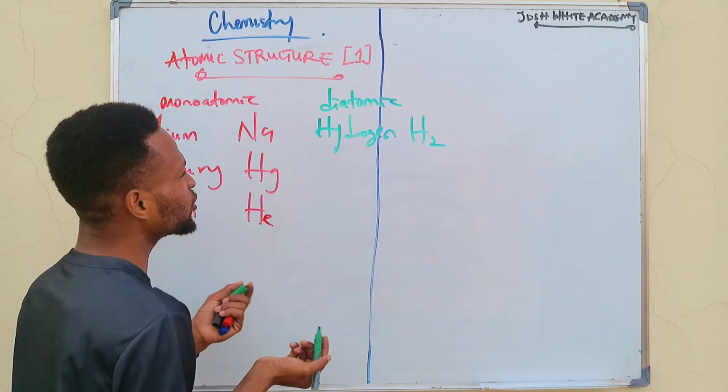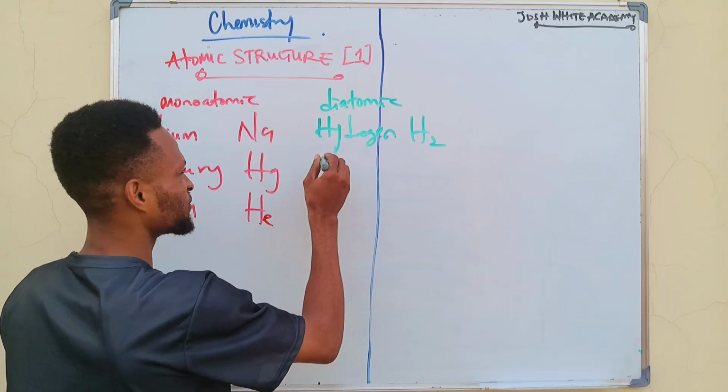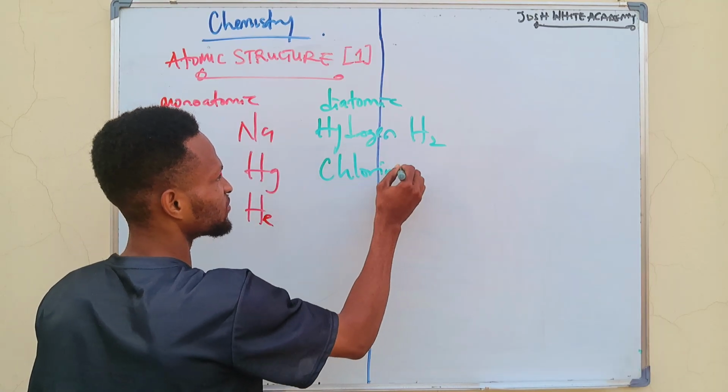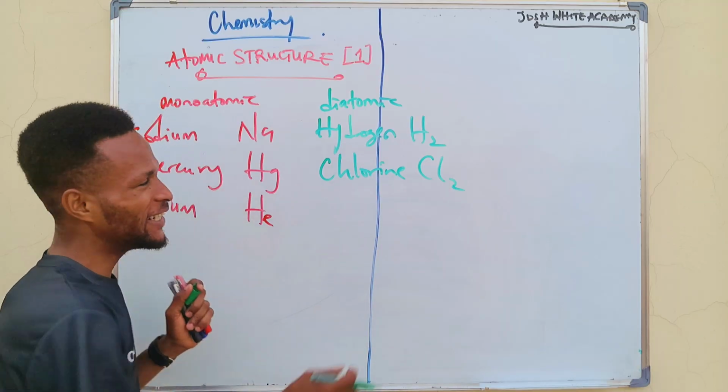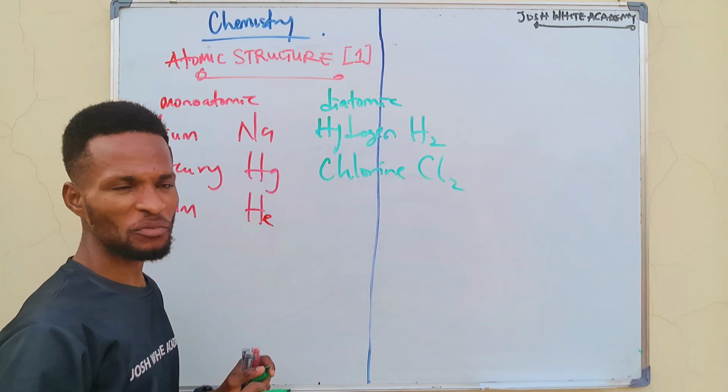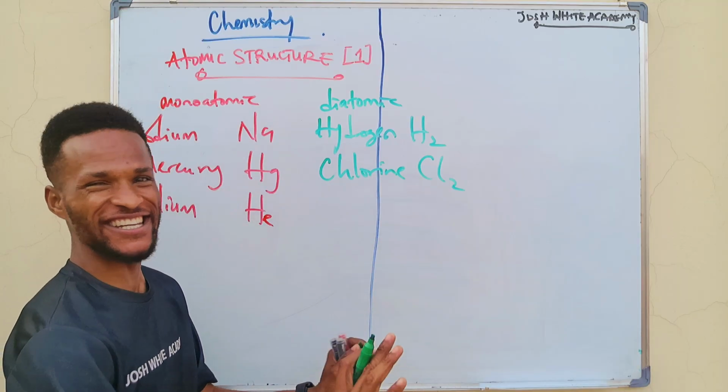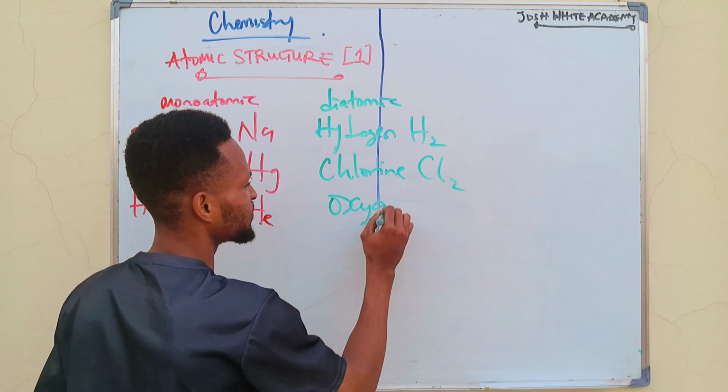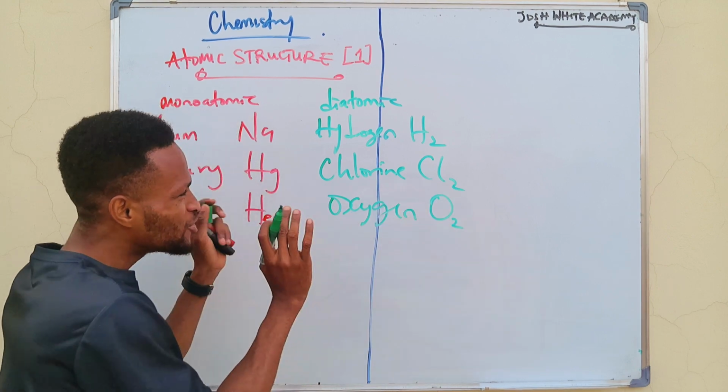Two atoms. We also have chlorine. You write it as Cl2. It has two atoms. You see it? We have oxygen. We write it as O2, two atoms.